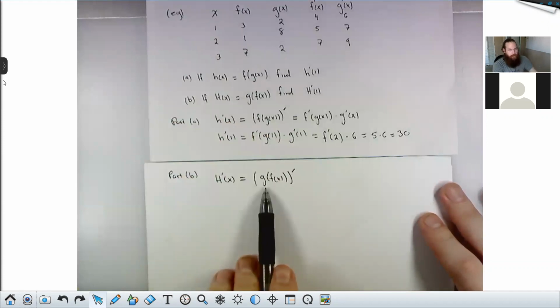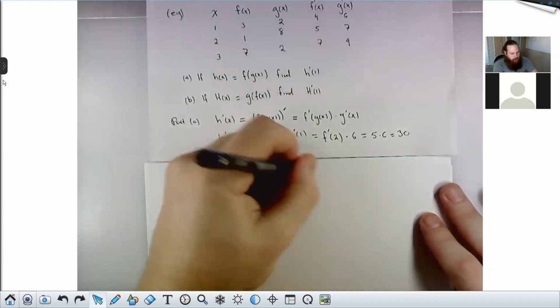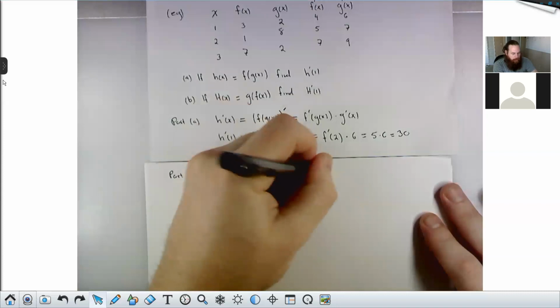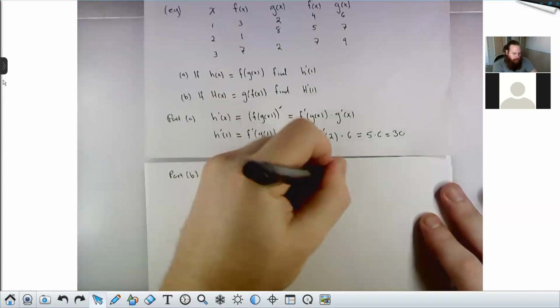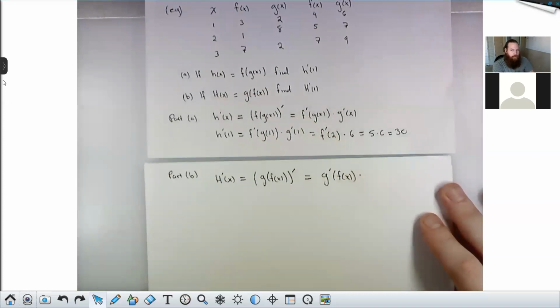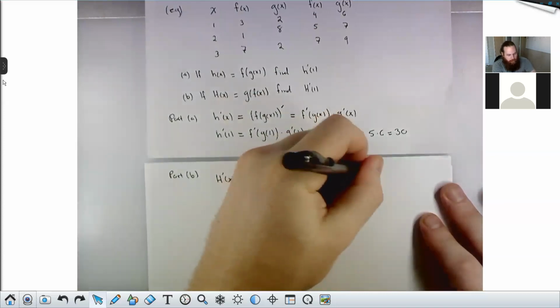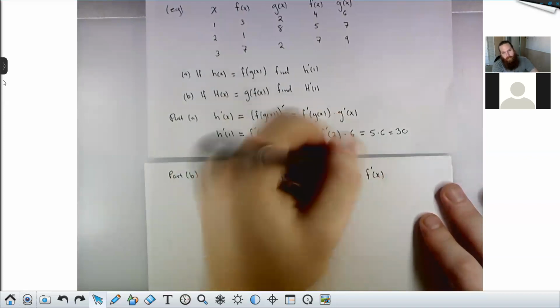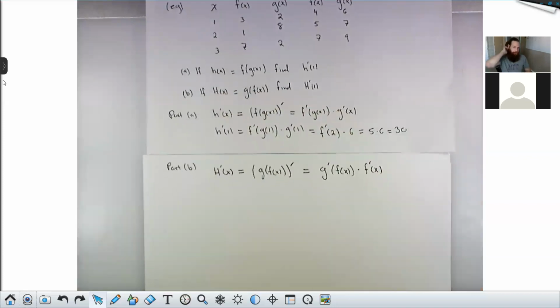I'm going to differentiate the outer function, leaving the inner alone, and then I'll multiply by the derivative of the inner function. Differentiating the outer, leave the inner alone, then multiply by the derivative of the inner. So that all looks like this.